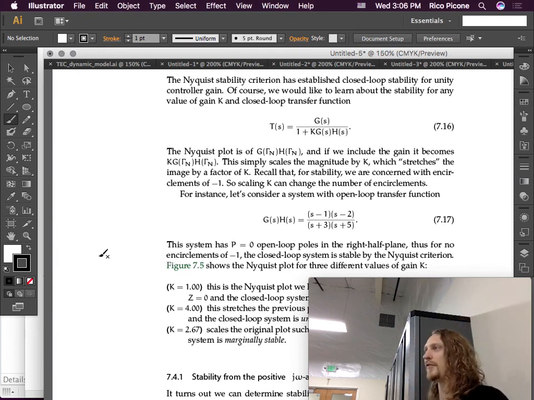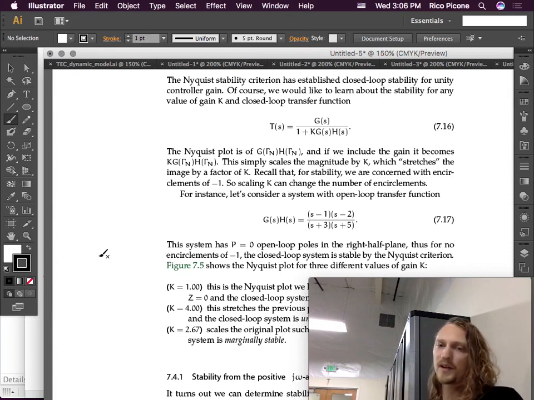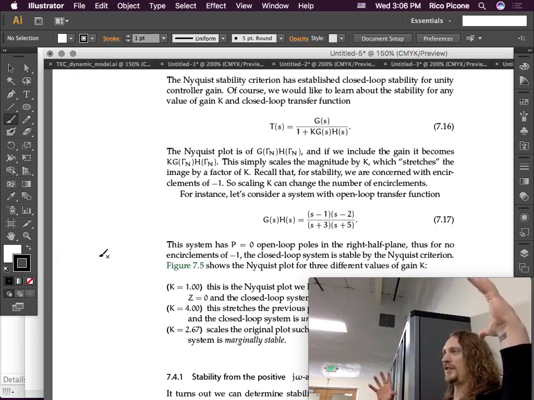So if that number was at 1 plus j1 in the complex plane, and you scale it by a factor of 2, you're going to be at 2 plus j2, which is to say same phase, but you stretched the point out by a factor of 2. So if you have a collection of those points that is a contour, then you just stretch it out.